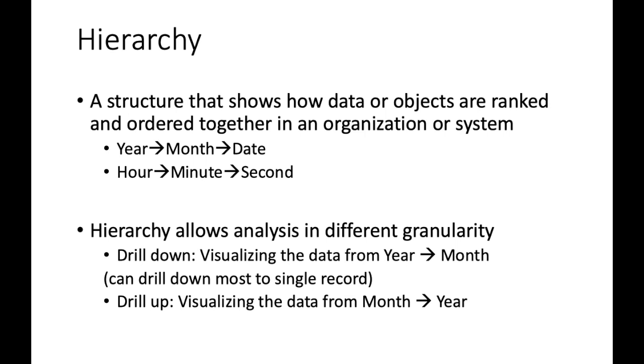Like that's the one with the more detailed up to the more aggregated and then higher. For example, is the date dimension, which the highest level of hierarchy is the year, because year is composed of many months.